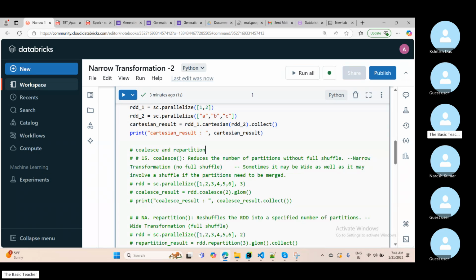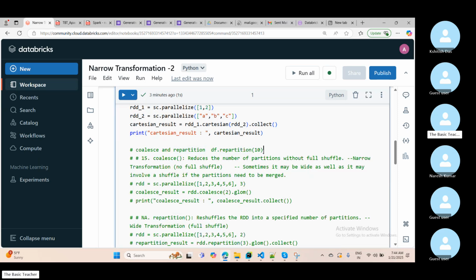With repartition you can increase the number, and with coalesce also you can increase the number. You can say df.repartition, let's say 5 or 10, then your data frame is going to be repartitioned with number 10. Similarly, you can call coalesce instead of repartition.